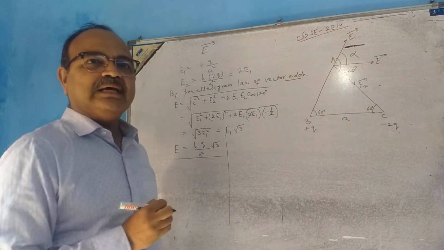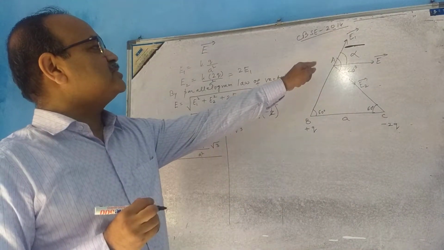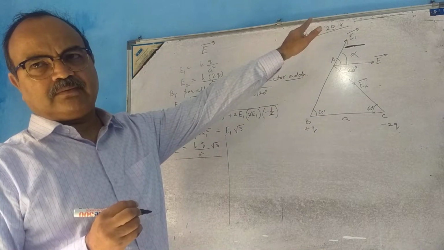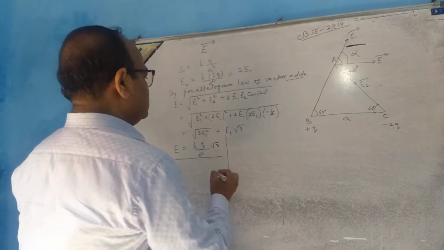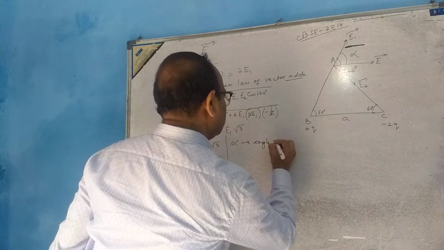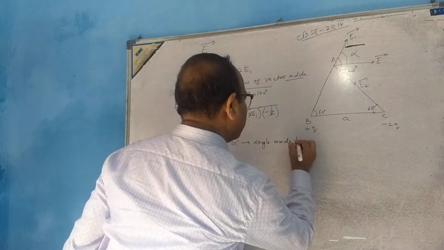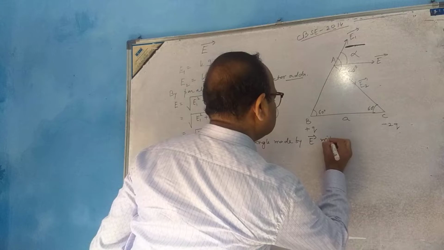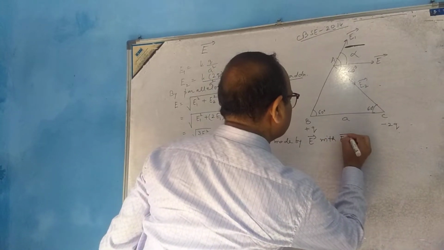Let E vector form an angle alpha with E1 vector. So here alpha is the angle made by E vector with E1 vector.